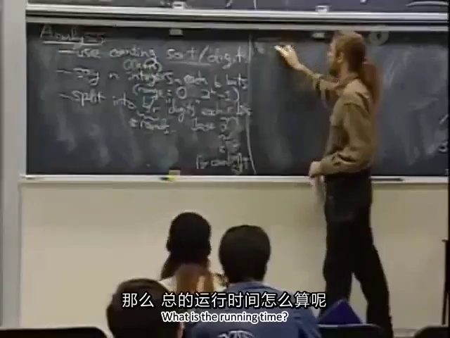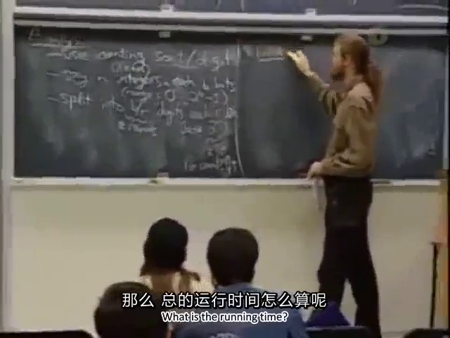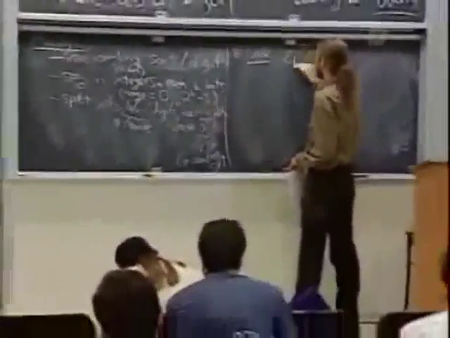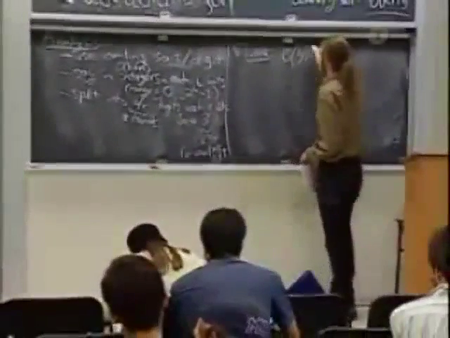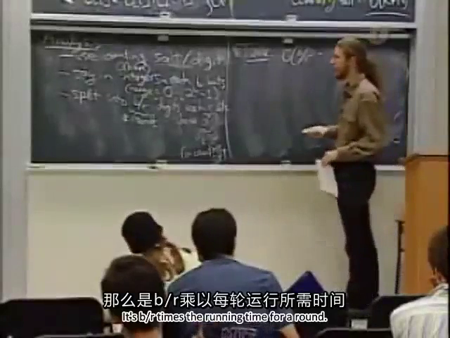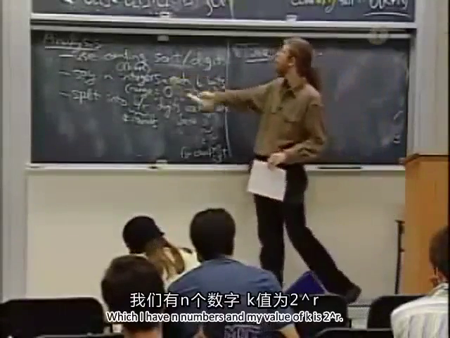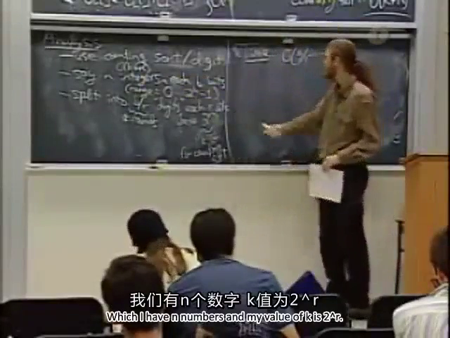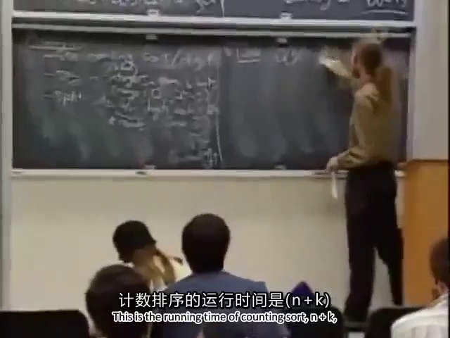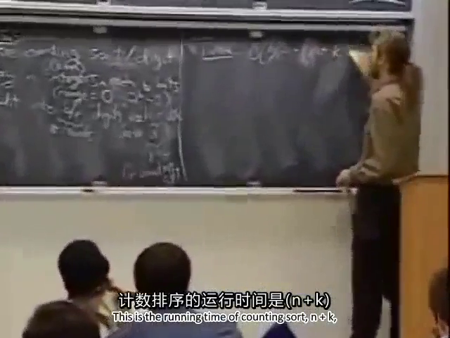Okay, so what is the running time? Well, I have b over r rounds. So it's b over r times the running time for a round, which I have n numbers, and my value of k is 2 to the r. So this is the running time of counting sort, n plus k.